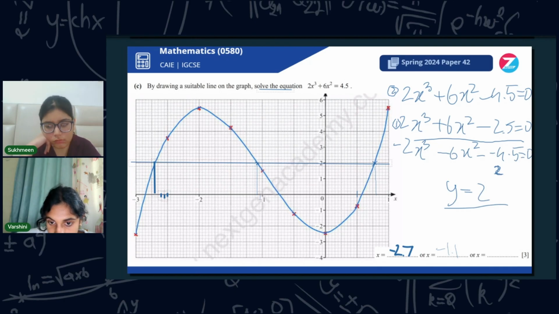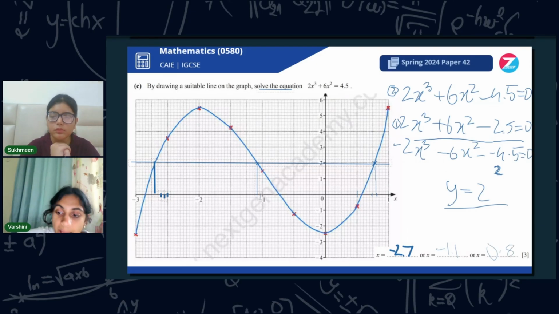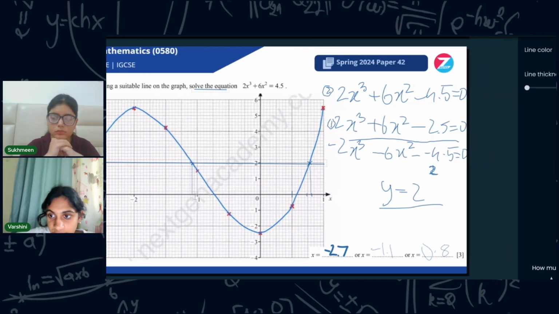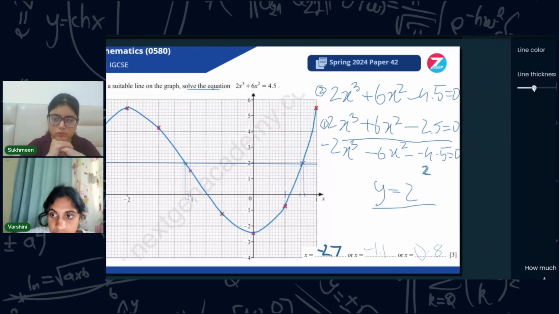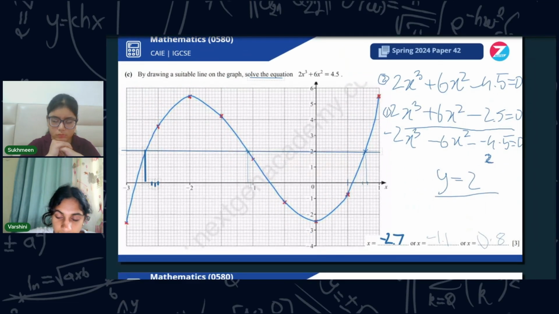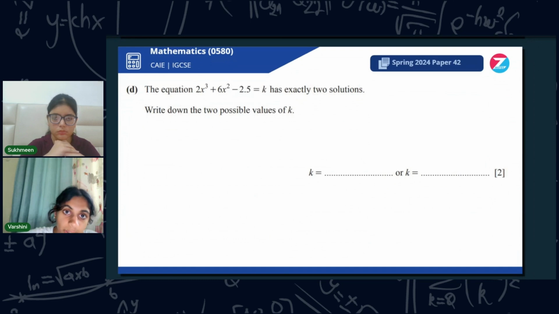So that means over here would be 0.75, and this last one would be 0.8. So that's going to be x equals 0.8. And remember, if your values are slightly different, that's fine. They will always have a range, but if you draw your graph accurately, you should get the points accurately. Okay.